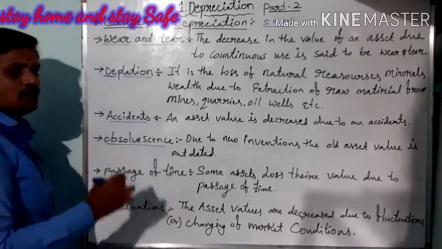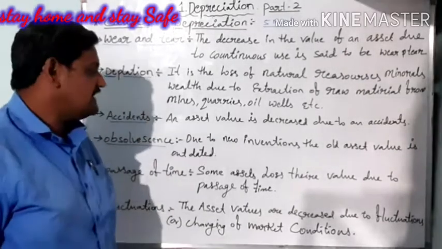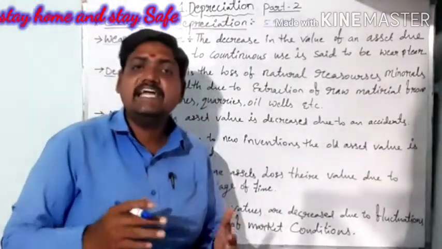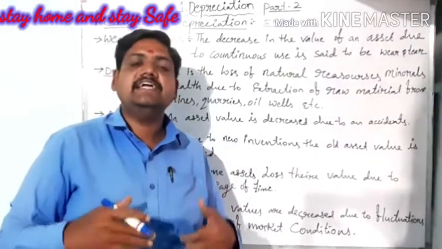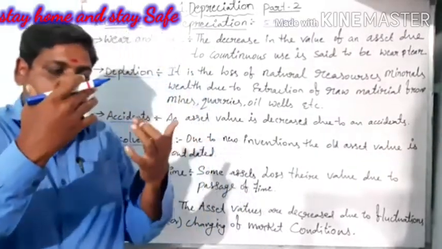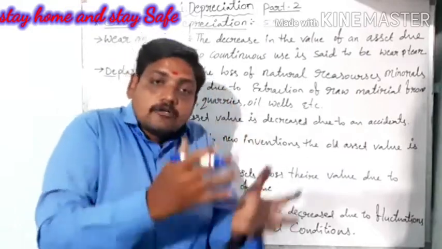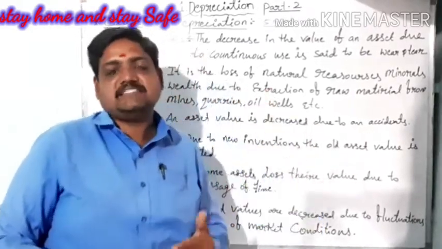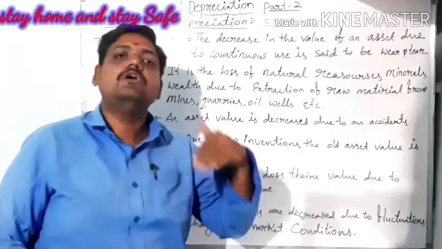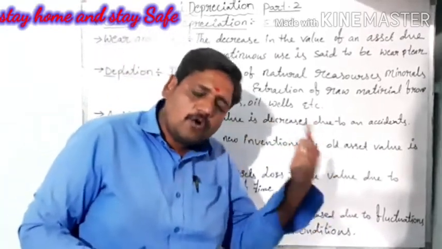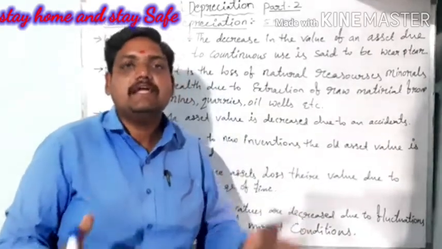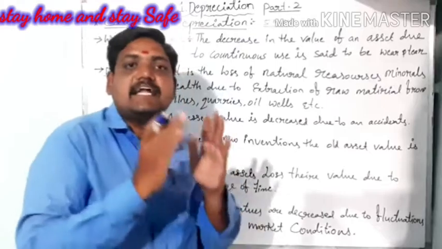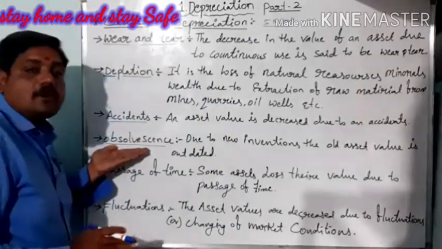Then after that, obsolescence. This is also a very important cause, due to new inventions. Due to new inventions or the entry of new technology into the market, the values of old technical equipment, old machinery, or old assets may decrease. That is called obsolescence.